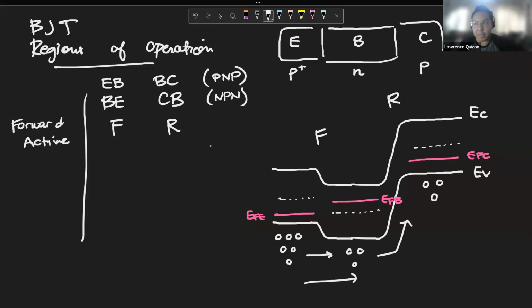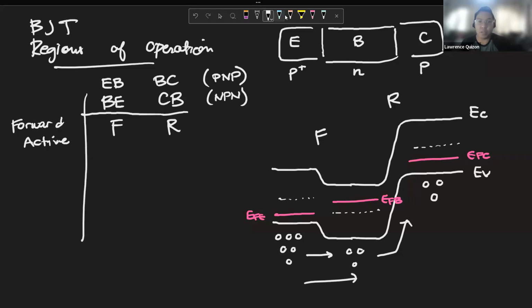Same din dun sa BC junction, ang tawag natin is CB, no? Just because mas mataas yung voltage kay C kaysa kay B for forward active, no? So yung naming convention natin dun sa pag-refer natin sa pangalan ng junction depends on kung alin yung mas mataas yung voltage in forward active, no?